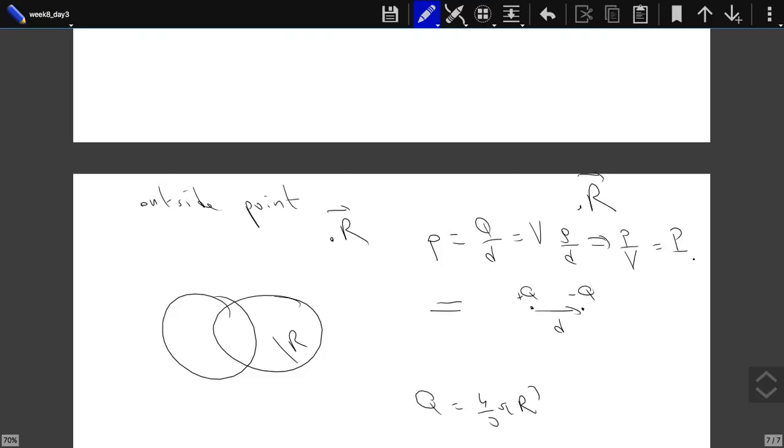No, not divided by D, multiplied by D. It's just the polarization in that limit.